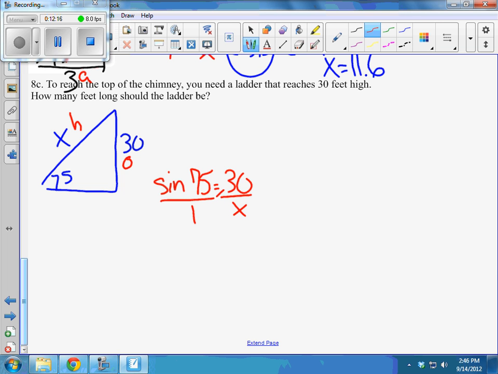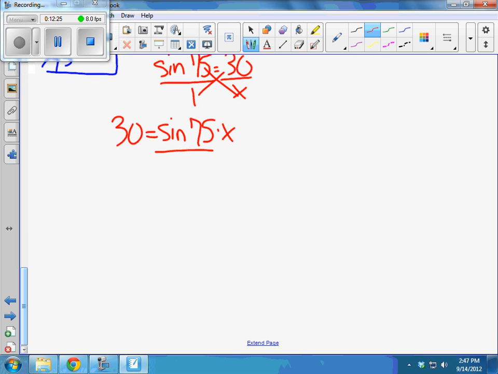Cross products. 30 times 1 is 30, and that means sine of 75 times x is also 30. So the final step to get x by itself is divide by sine of 75. So that means x is about 31. All right, there we go. That is number 8.